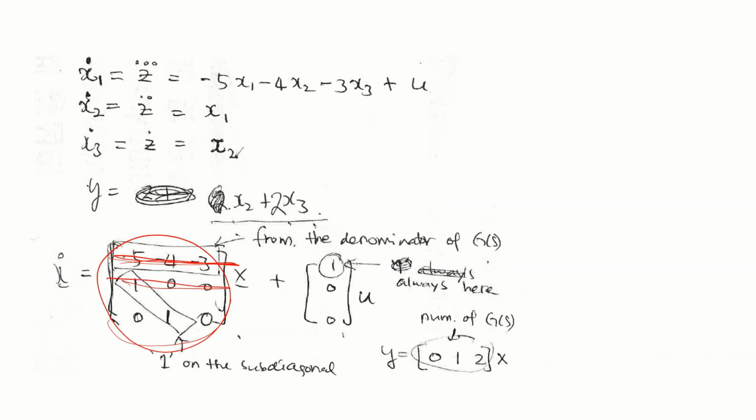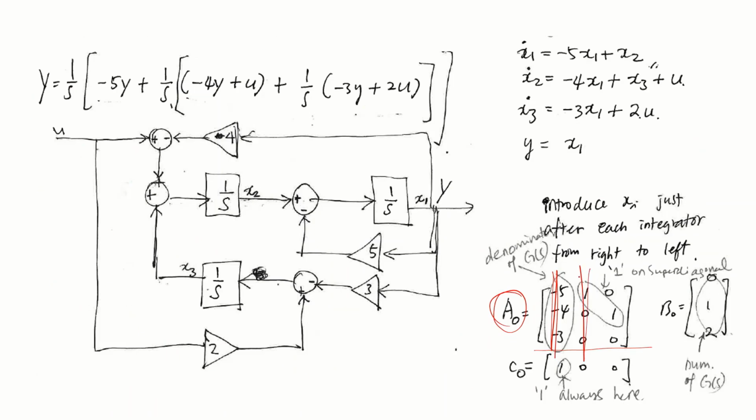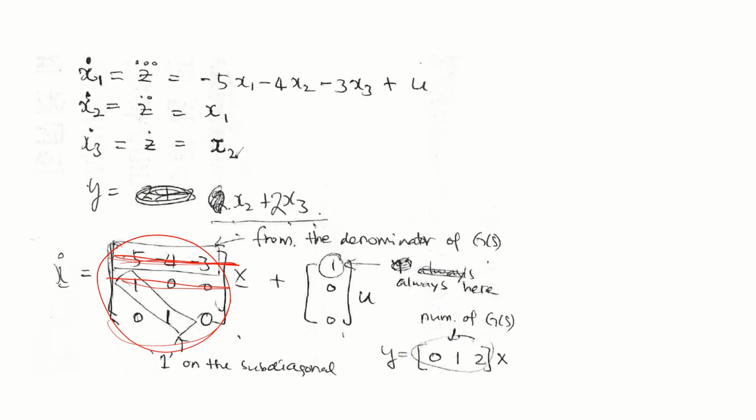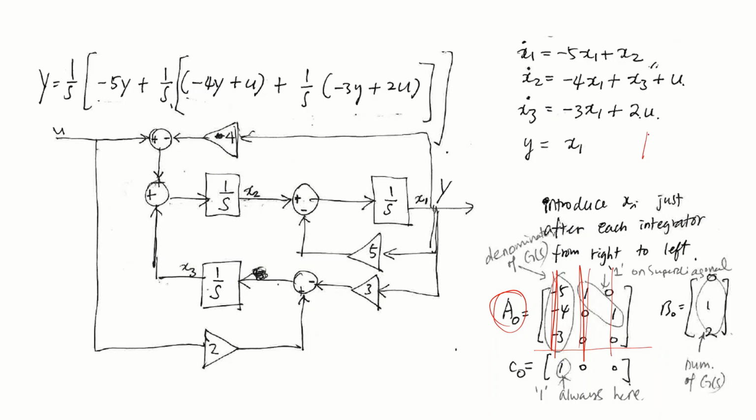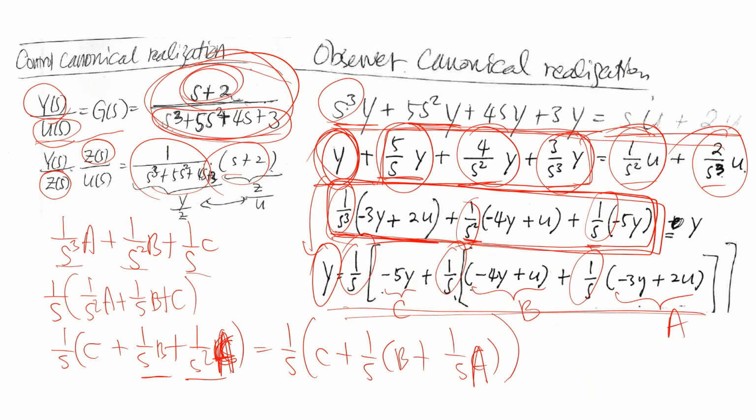The second row becomes second column. The third row becomes third column. So AO is in fact AC transpose. Okay, so you're going to have a non-trivial first column.